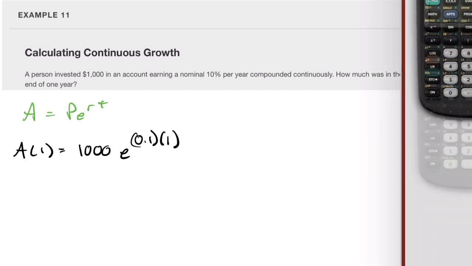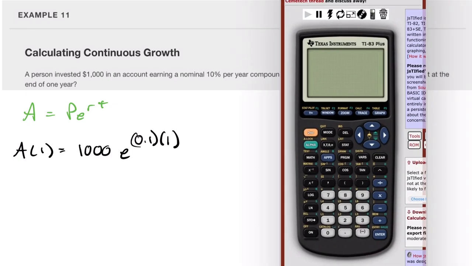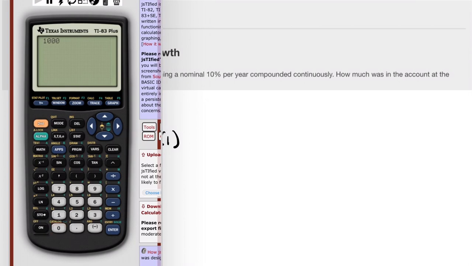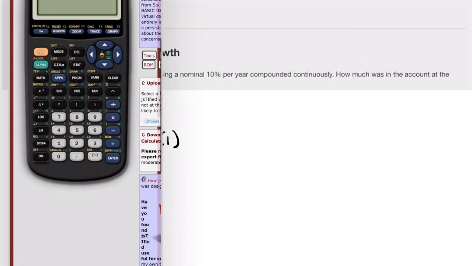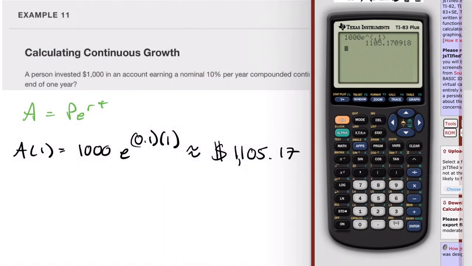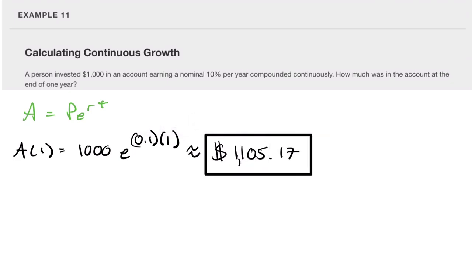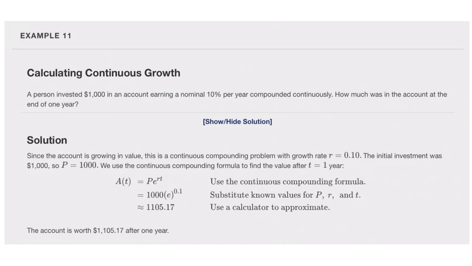So 1,000 times E to the power of 0.1, since 10% is 0.1. That's $1,105.17. That's correct.